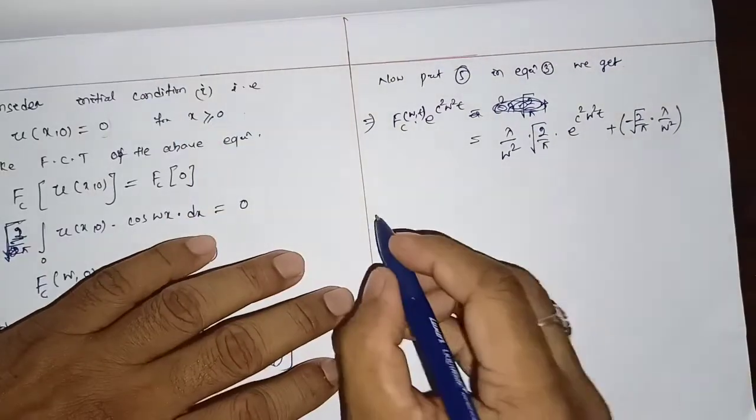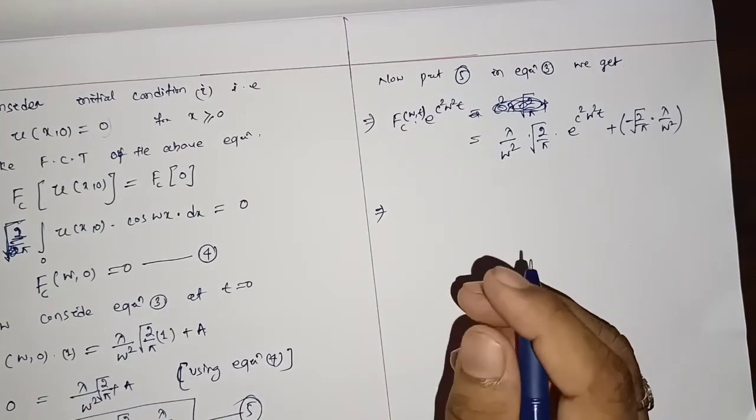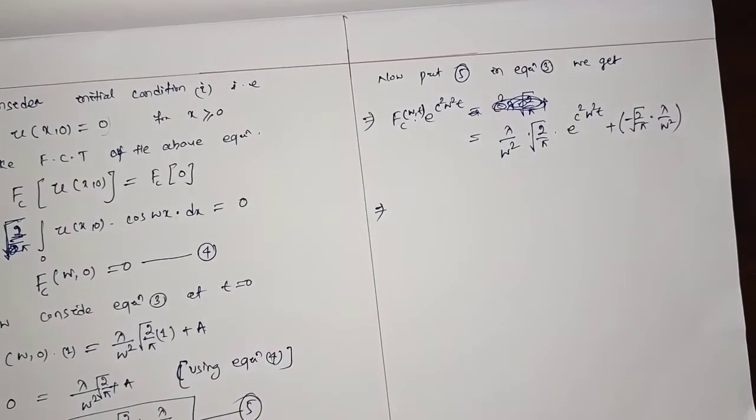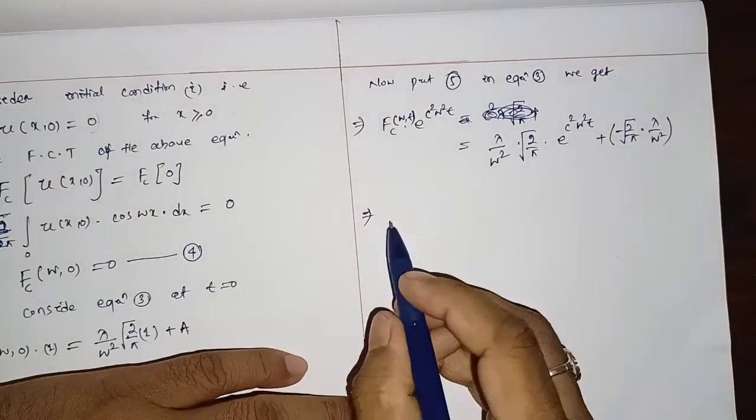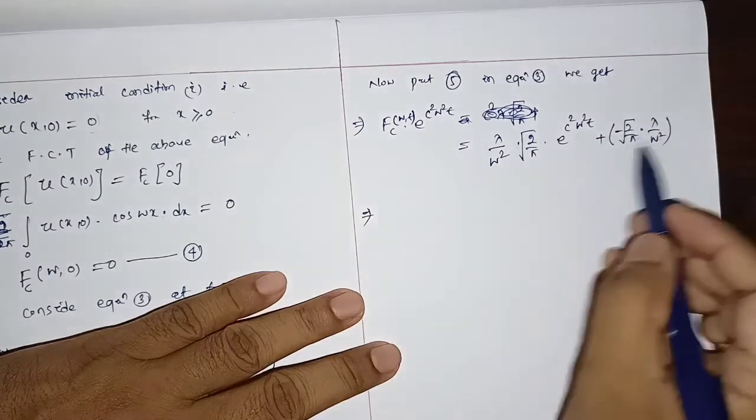So that implies what we can get? See, e to the power c square omega square t, I am going to divide with all the terms.